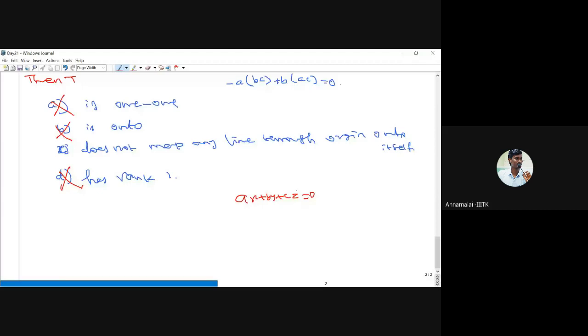Suppose you take only 2 variables, then it is a line passing through origin. Got it?